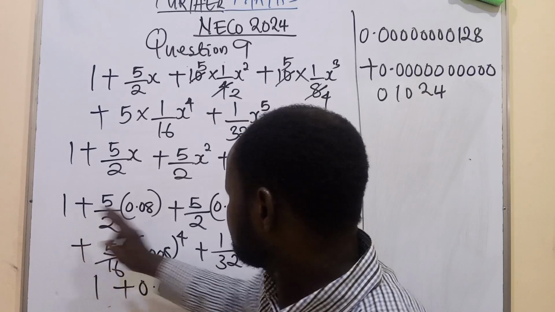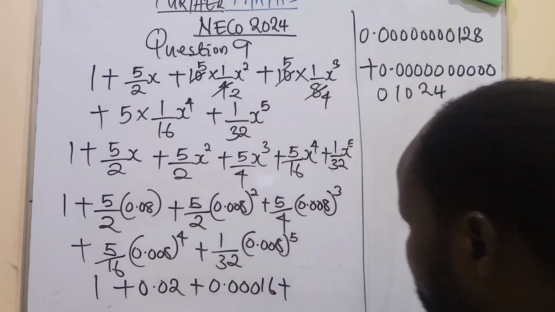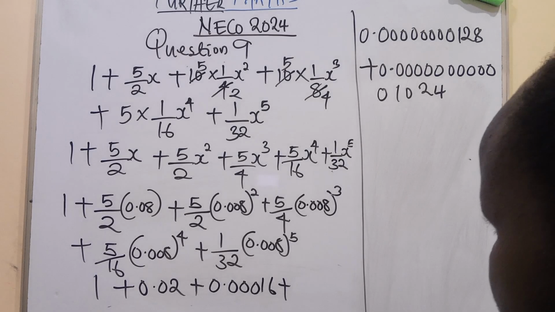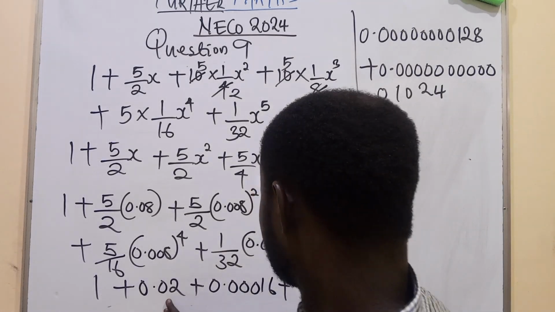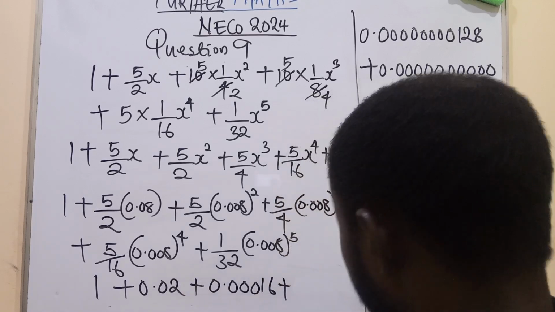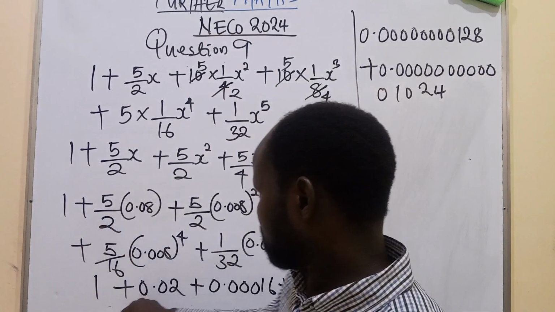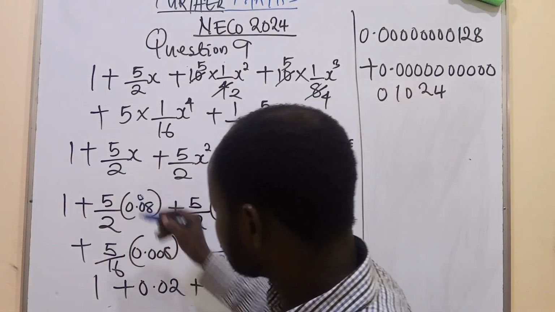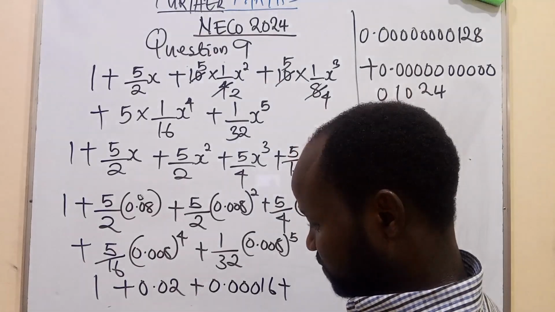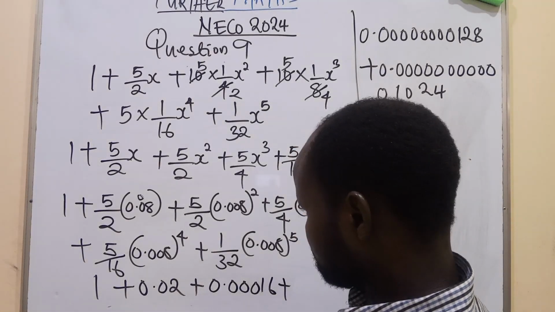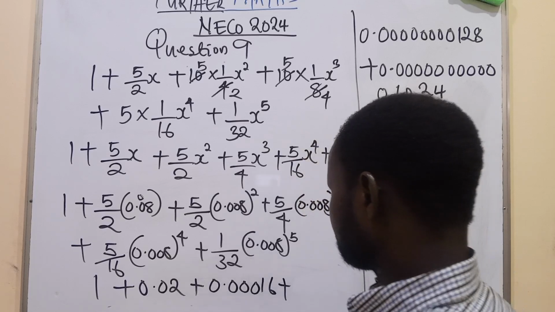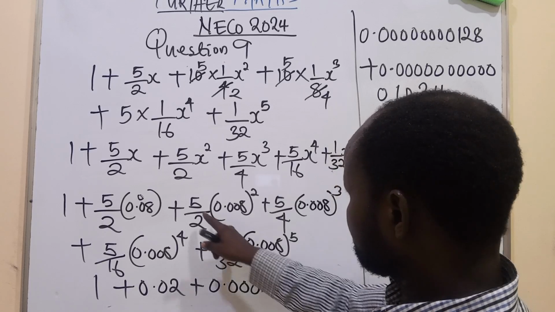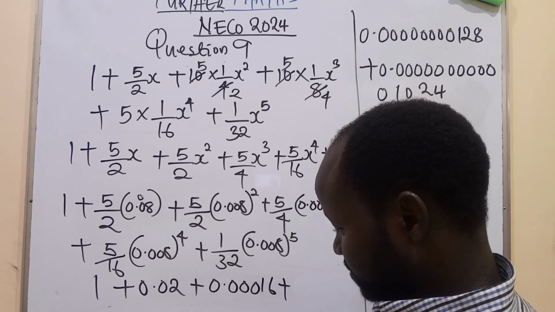We're supposed to have 6 terms. Let's go back and check. This is for 1, this is for the second one, the third one, and the fourth one. Let's start from 0.008 times 5 divided by 2, which is this one. We move here. Let me still cross check. 0.008 square times 5 divided by 2.